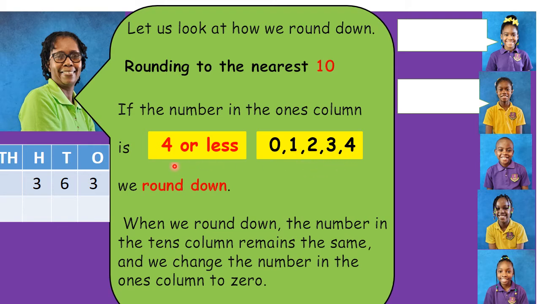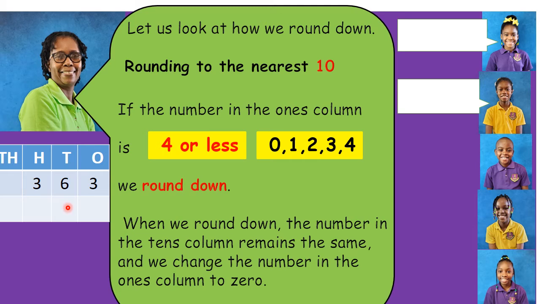So let's go back to our ones column. What do we see here? We see 3. So indeed, this number is 4 or less. So we are going to round down. But how do we round down? Let's see. When we round down, the number in the tens column remains the same.